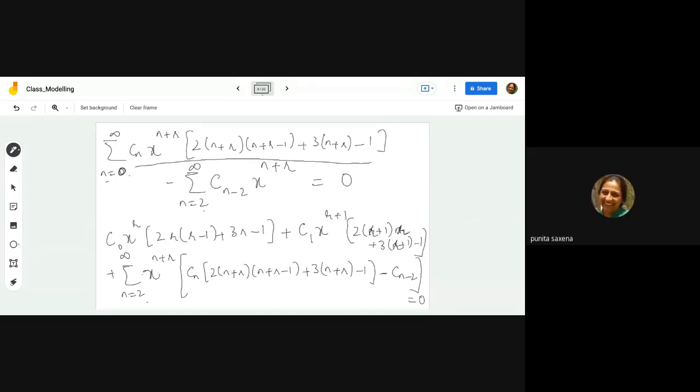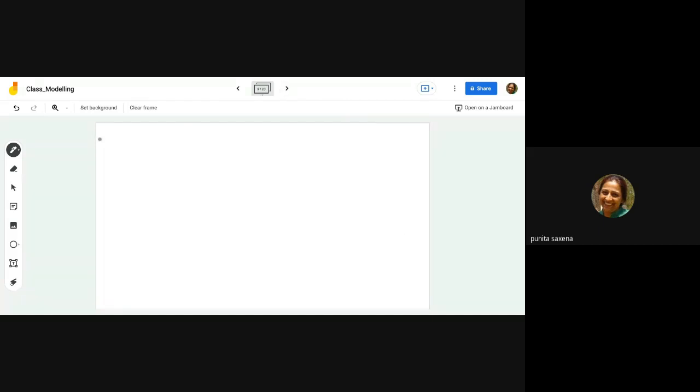अब देखो. Now each of the terms must be 0. This coefficient should be 0 and this coefficient also should be 0 and this coefficient also should be 0. This is how we move about. Now for n equal to 0, you are going to get c naught into 2r(r minus 1) plus 3r minus 1 equal to 0. यही आएगा ना?